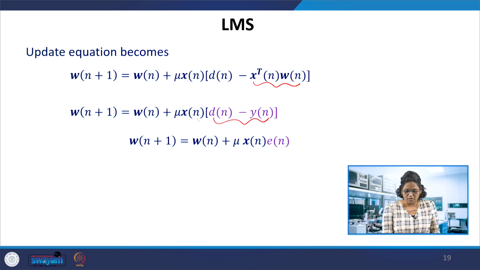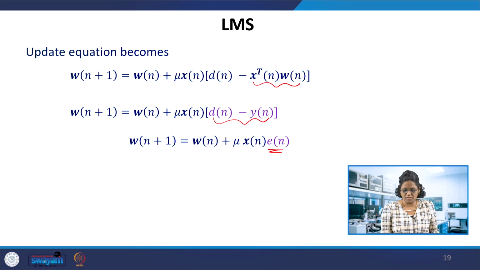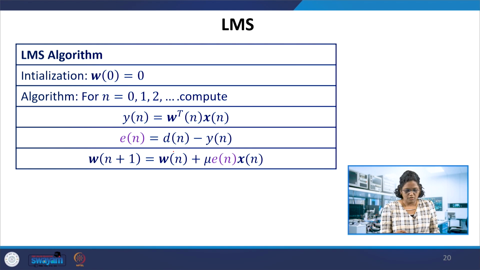This equation now reduces to E of n. So this is the LMS equation. You compute the error and update the weight vectors. So this is how the steepest descent is changed to the LMS. It's an approximate version; LMS is the approximate version of the steepest descent.